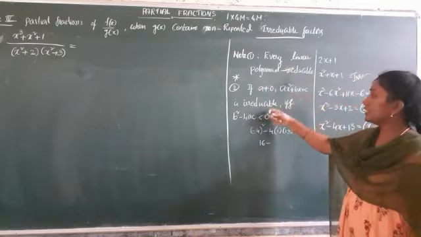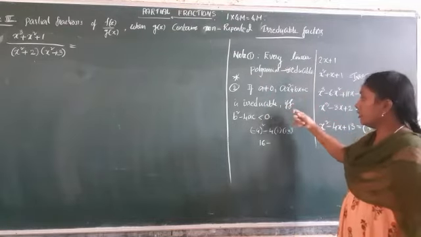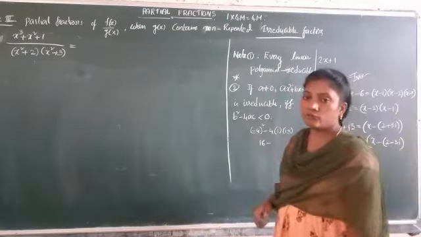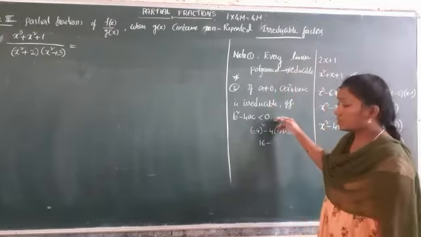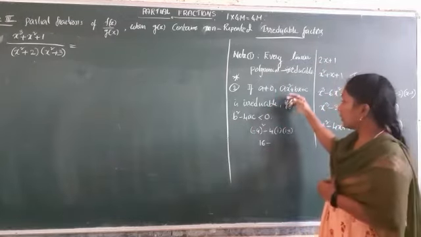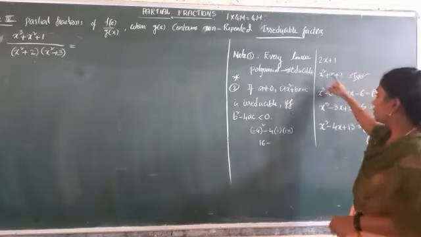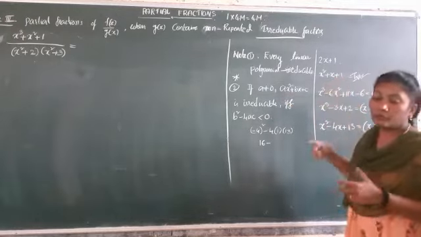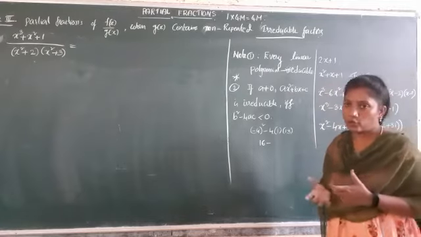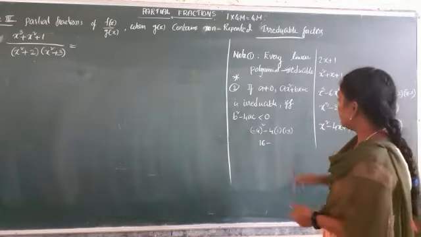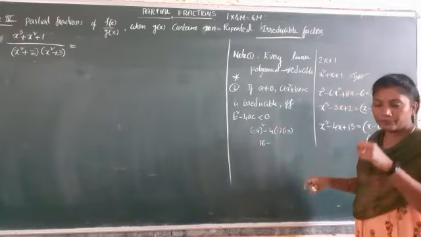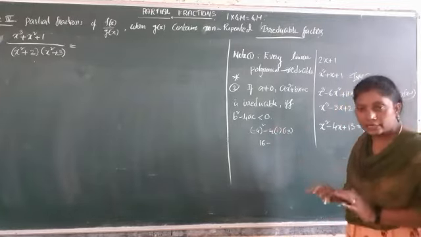A quadratic is irreducible if and only if b square minus 4ac is less than 0. That means when you have a quadratic expression, here x square plus x plus 1, we don't know whether it factorizes into linear factors with real coefficients. Simply check b square minus 4ac. If it is less than 0, it is irreducible.